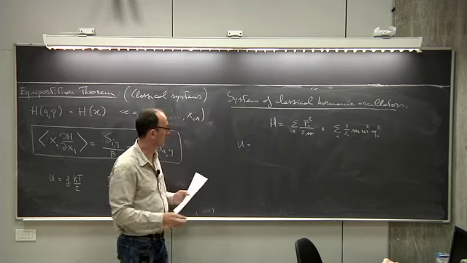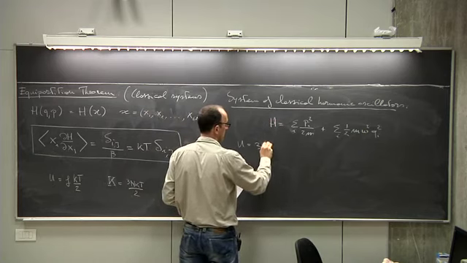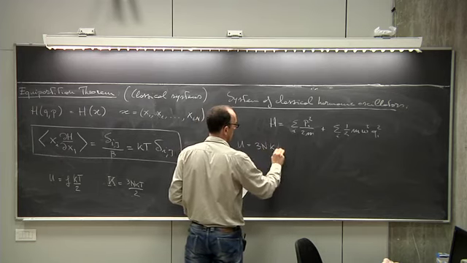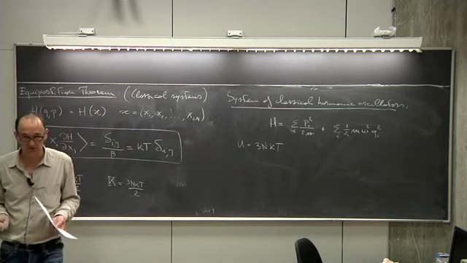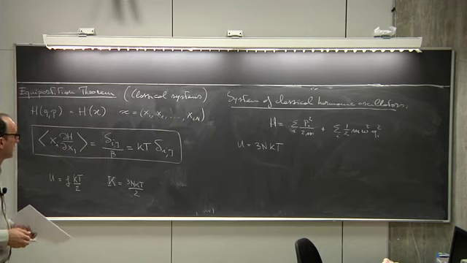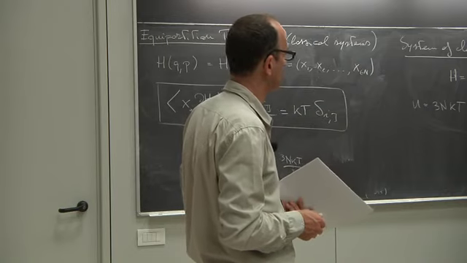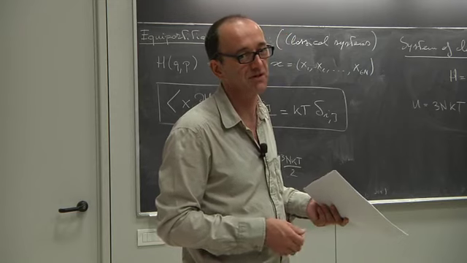So it will just contribute 3, so the average energy will just be 3n kT, by the equipartition theorem. And so the specific heat of this solid will be 3nk.